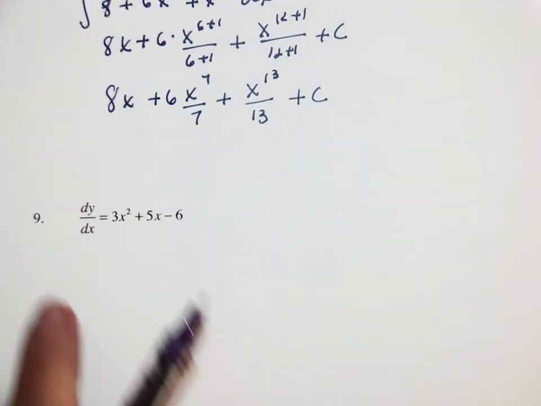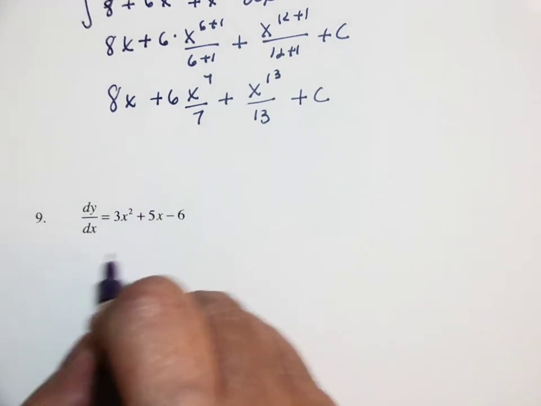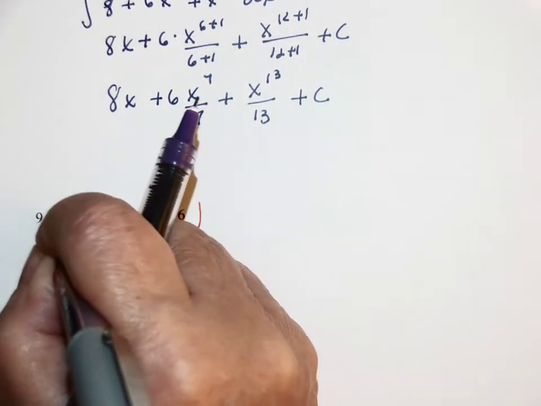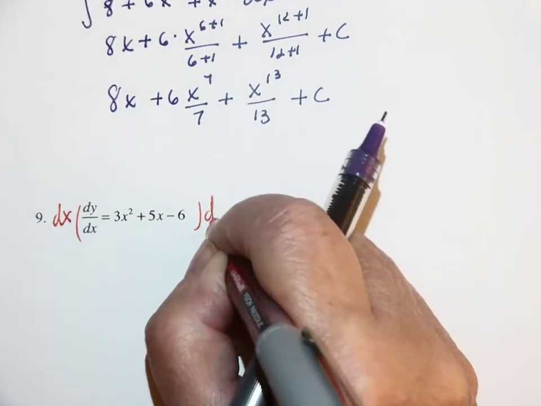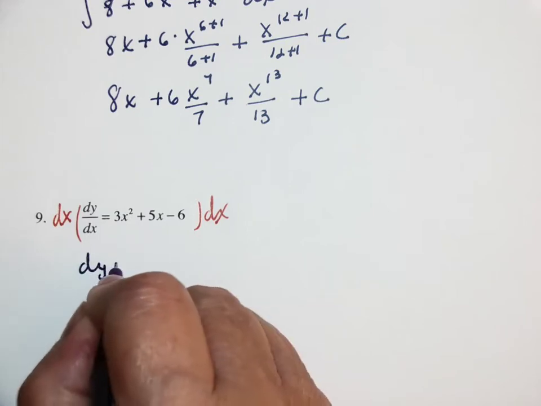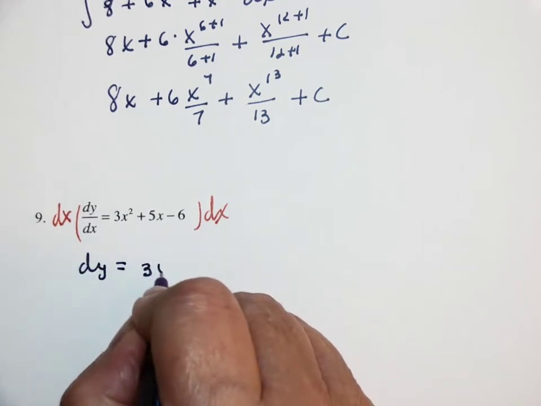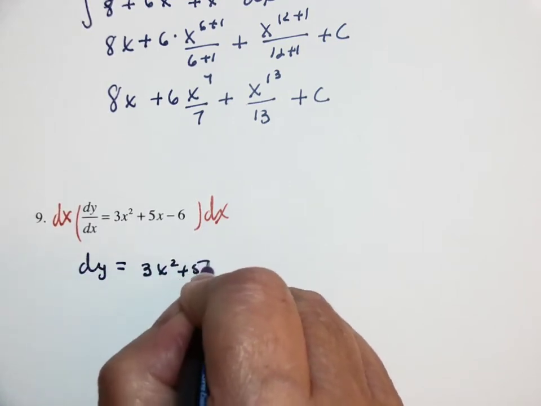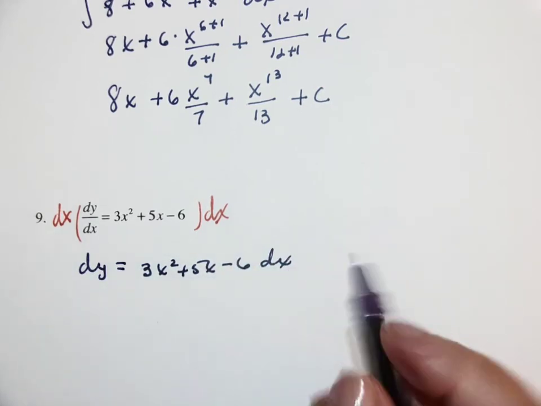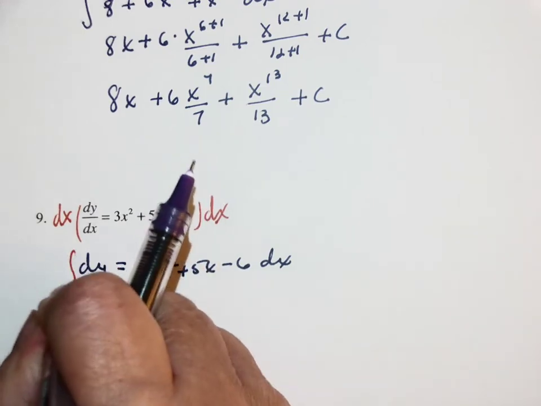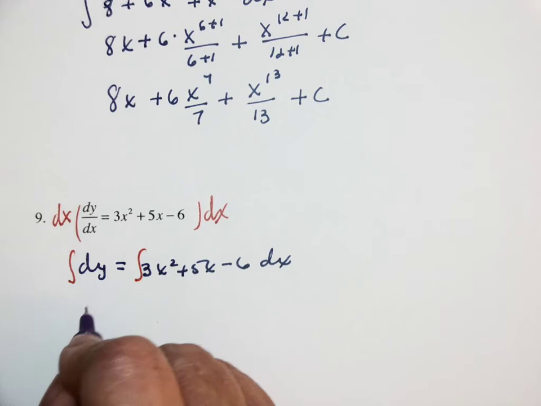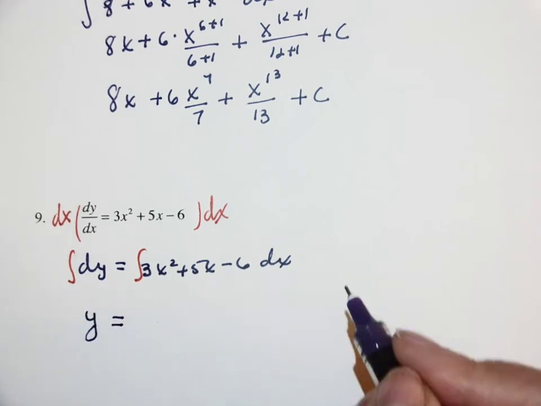Now this is a differential equation. This is straight out. Multiply both sides by dx. So you'll have that dy is 3x squared plus 5x minus 6 dx. Take the integral of both sides. The integral of dy is just y.